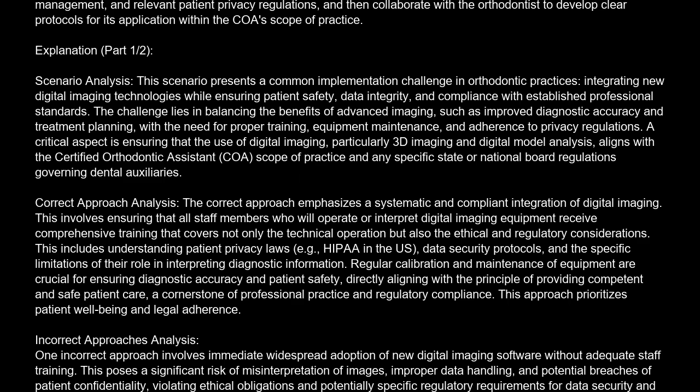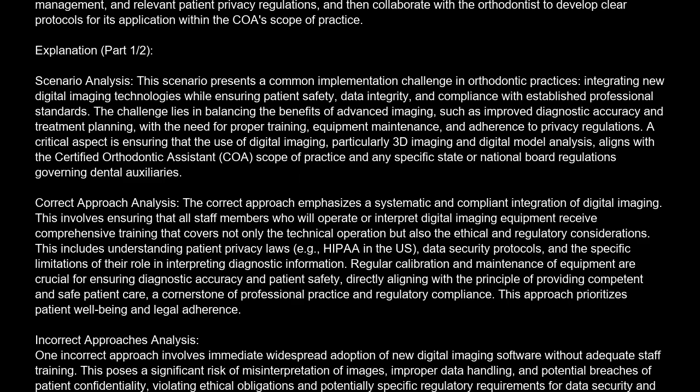Explanation. Scenario analysis. This scenario presents a common implementation challenge in orthodontic practices, integrating new digital imaging technologies while ensuring patient safety, data integrity, and compliance with established professional standards. The challenge lies in balancing the benefits of advanced imaging, such as improved diagnostic accuracy and treatment planning, with the need for proper training, equipment maintenance, and adherence to privacy regulations.